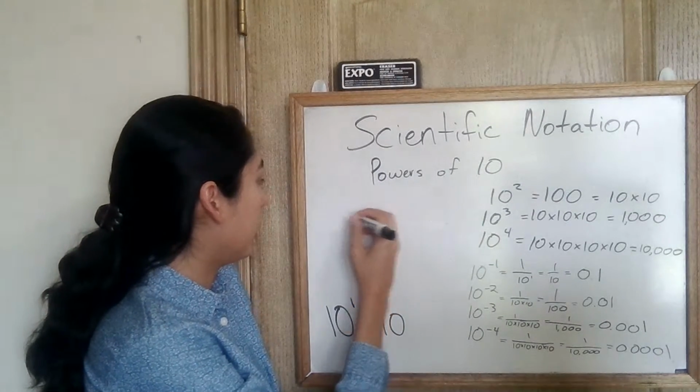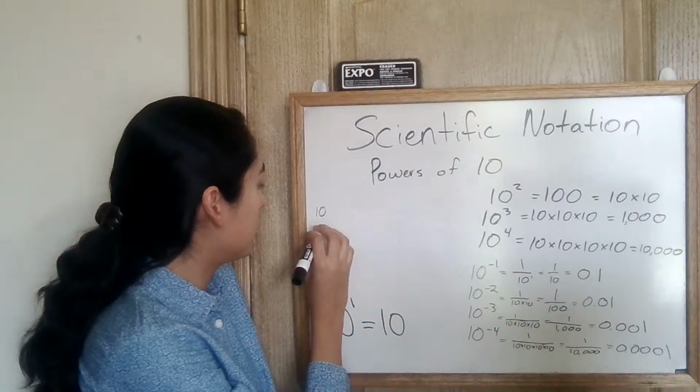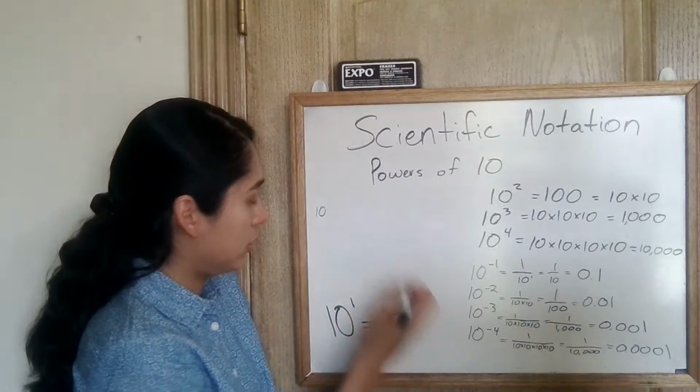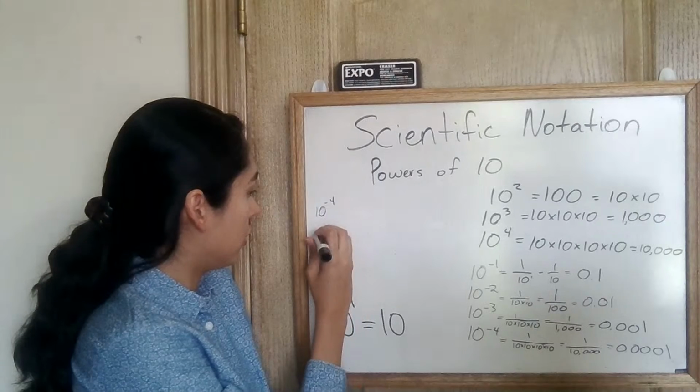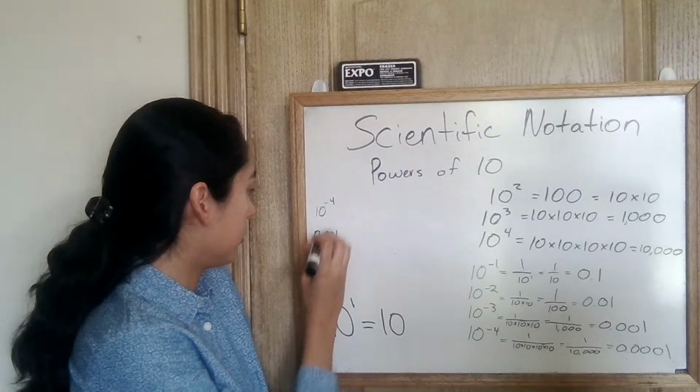So over here we're going to have 10 to the, let's just visualize this on a number line.